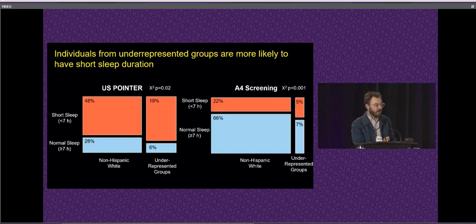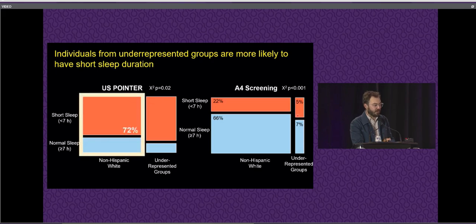And something similar when we dichotomize the non-Hispanic white participants and participants from underrepresented groups. Again, we see a higher proportion in Pointer, but again, similar patterns across cohorts, 72% being short sleepers of the non-Hispanic white in Pointer. It goes up to 83% of the underrepresented population.